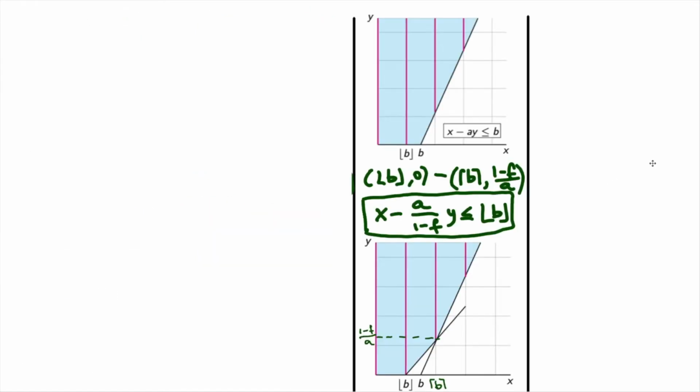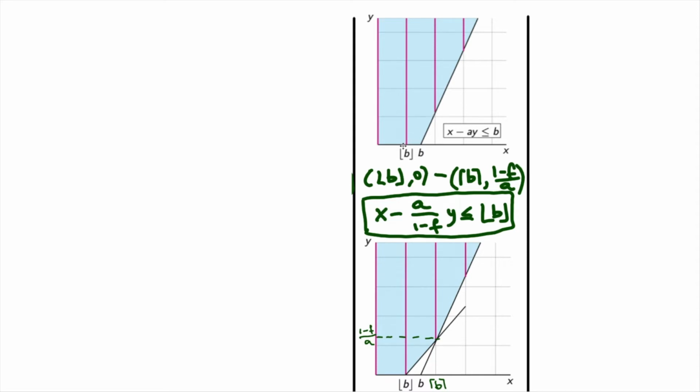So now when we have the inequality x minus ay is less than or equal to b, then we have the following feasible region, and we have again a similar situation. So there is a corner that's fractional, and we need to cut off this corner by introducing the cutting plane that passes through these 2 points right here.